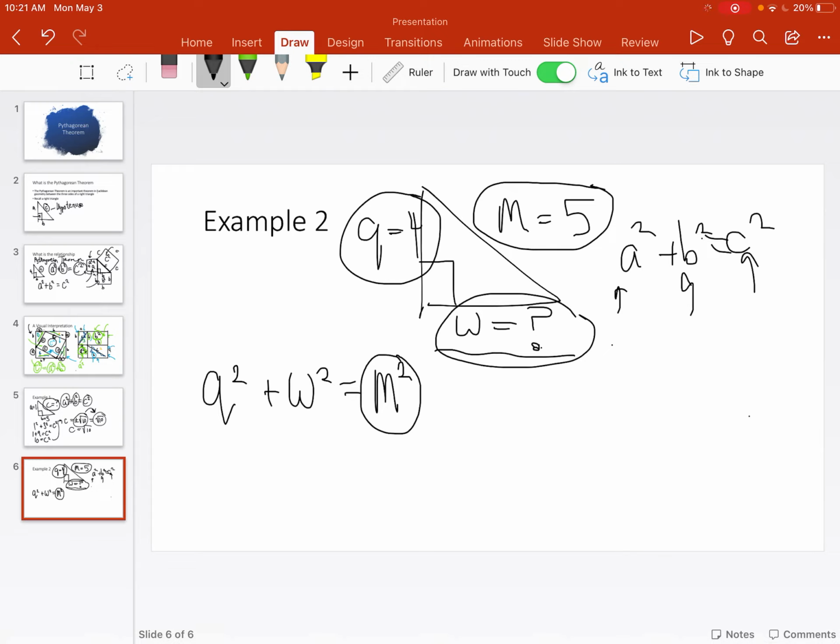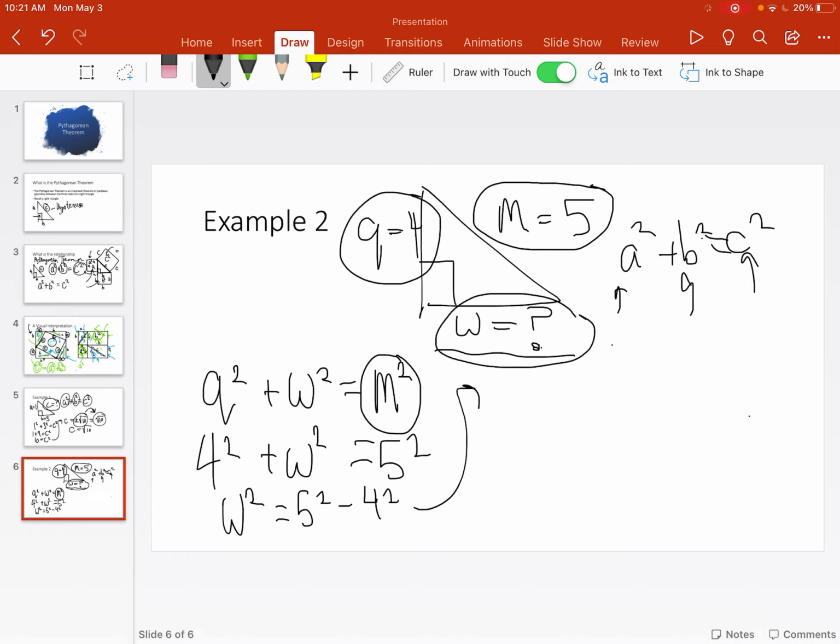So, well, let's plug our numbers in. So what do we know? Well, we know Q. Q is 4, and we square that. We don't know W, so we just keep that, W squared. And we know M is 5 squared. So, well, let's solve. We got W squared is equal to 5 squared minus 4 squared, and W squared is then 25 minus 16.